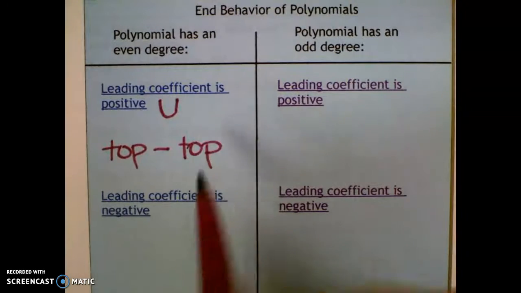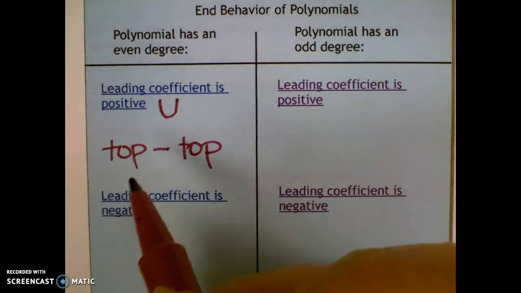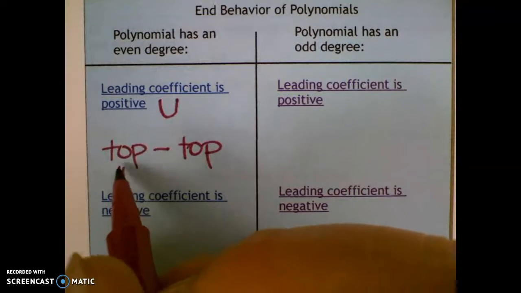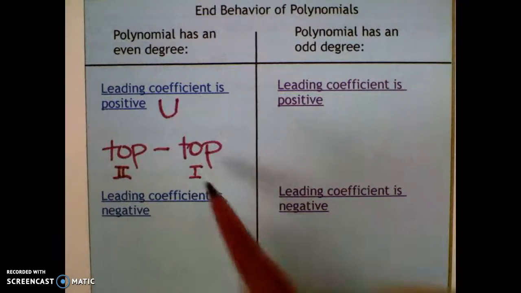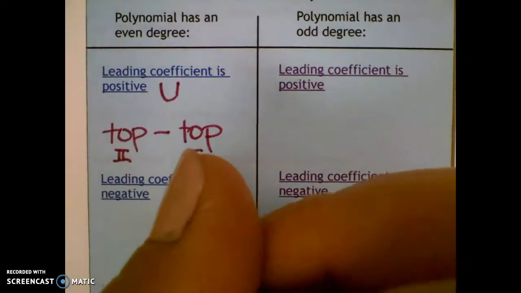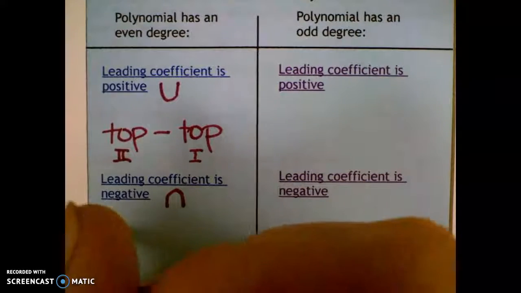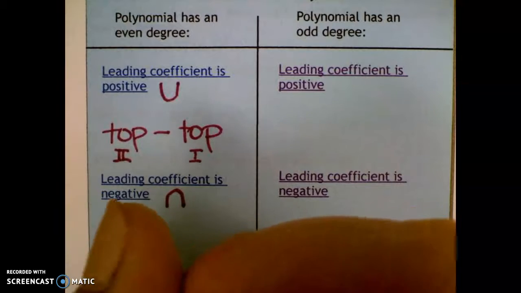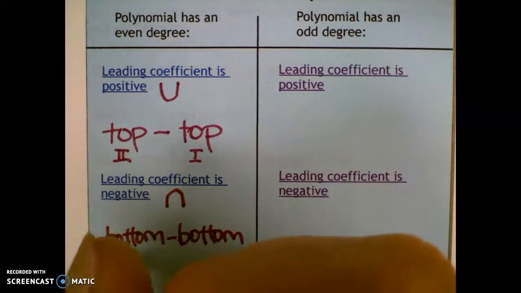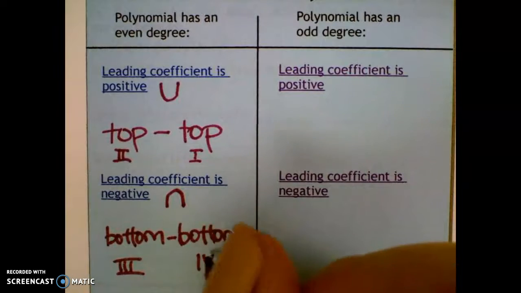It started in the top, it ended at the top. If you look at it quadrant-wise, it starts in quadrant 2 and ends in quadrant 1. And then when we made it negative, we flipped it over and it went from the bottom to the bottom. So it started in quadrant 3 and ended in quadrant 4.